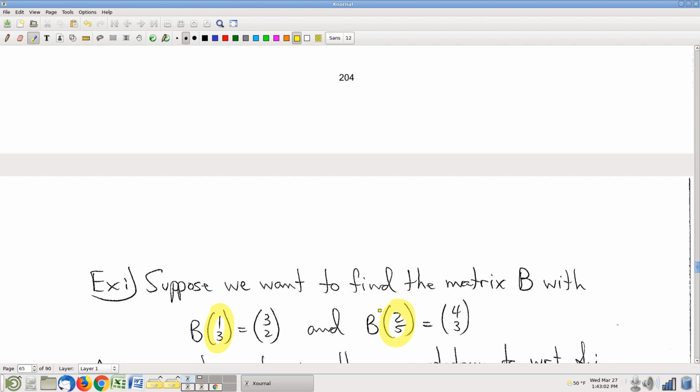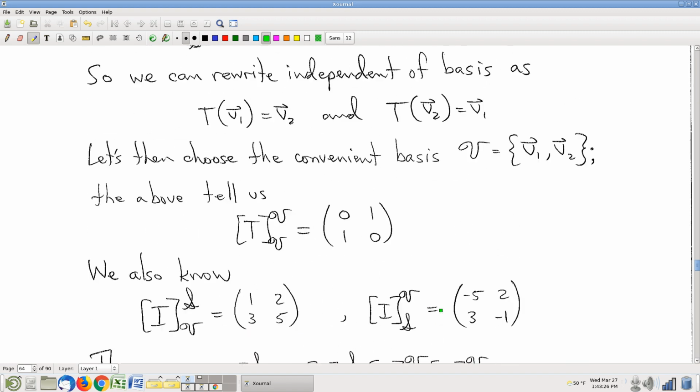Notice now that my two output vectors are not the same two vectors. They're a couple of totally different vectors. Right? And there's a temptation to say, oh my gosh, well then what basis are we going to use? Good news, we don't have to pick a single basis. We can write this matrix B with respect to any pair of bases that we want.